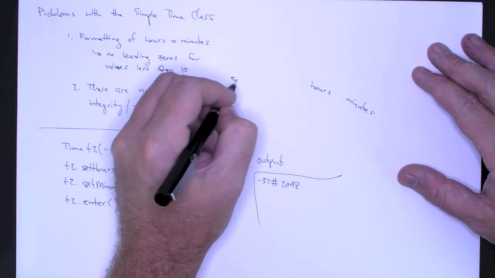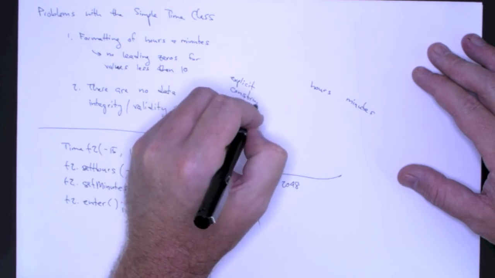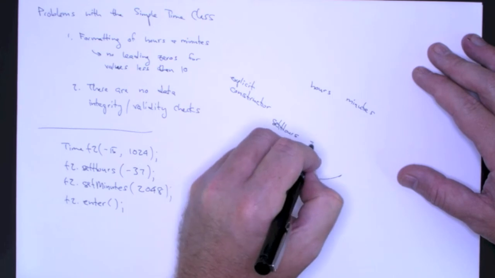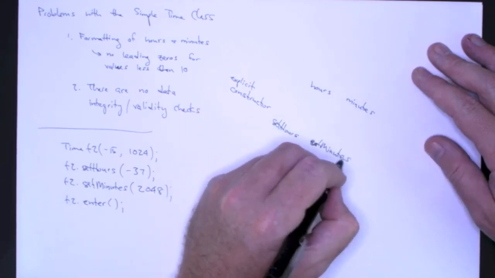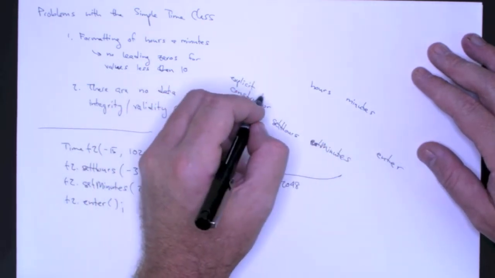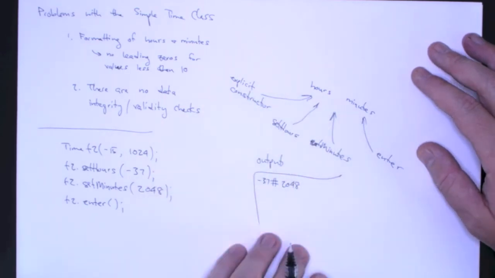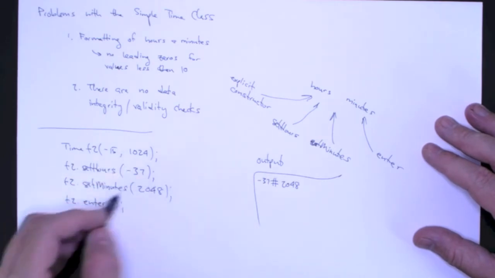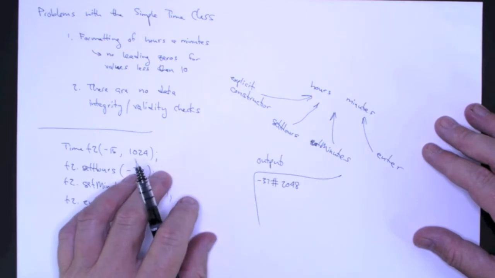So obviously you have the explicit constructor, you have the set methods, and you have the enter method. All of these methods store information in these private data members, and this is how incorrect information could get stored in your private data members.